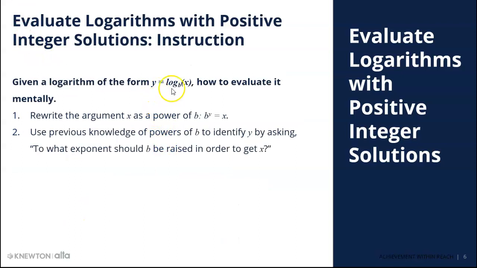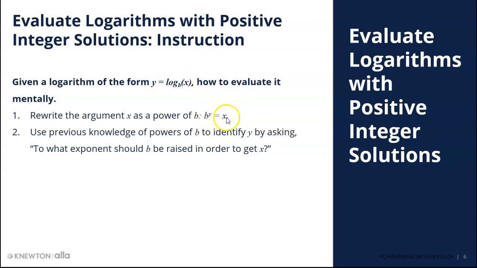So in general, if you are given an expression like log of x base b, to evaluate it mentally, you just convert it into exponential form. The b is the base, and the y here is the exponent, because a logarithm is asking for the exponent. The output of the logarithmic function is the exponent for b to get the number x.